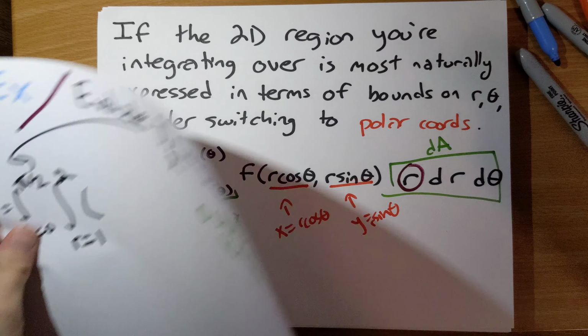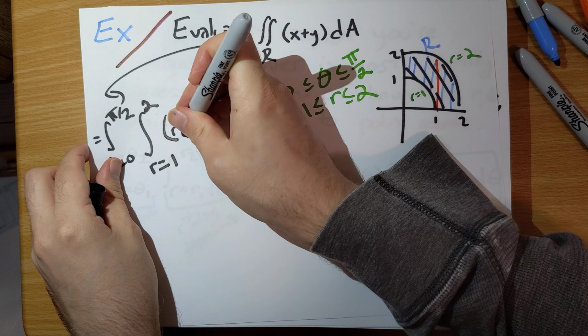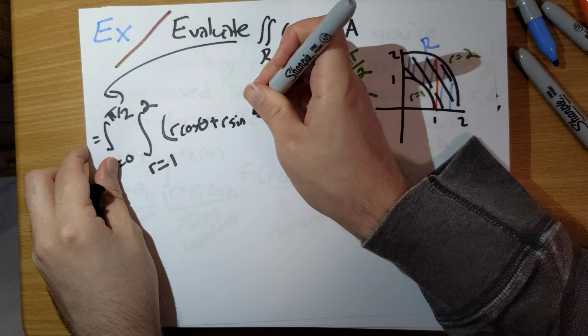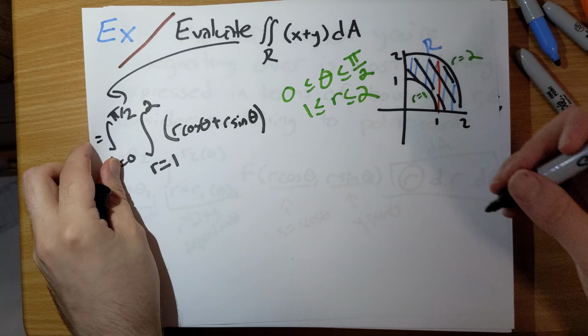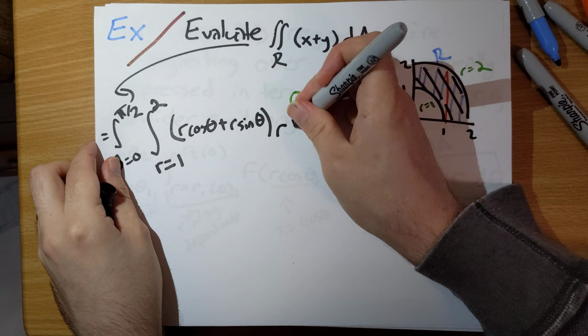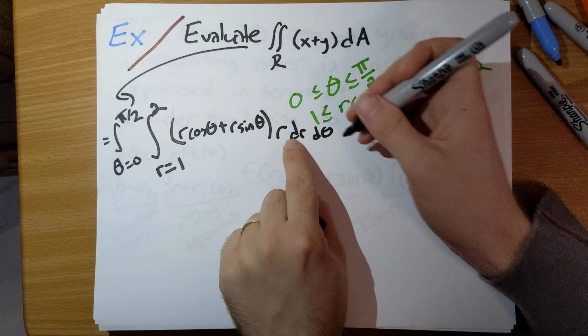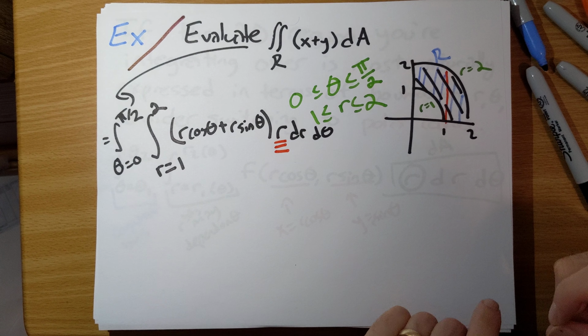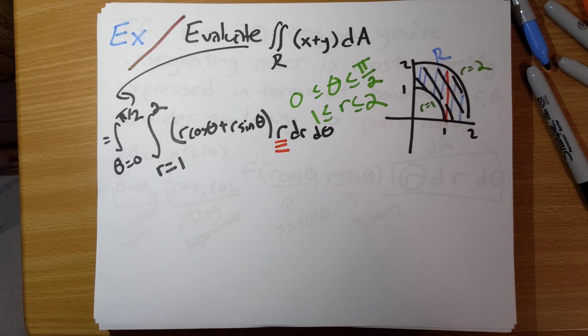Everywhere we see x, we replace it with r cosine theta, and we replace y with r sine theta, and then r dr d theta. Don't forget to throw in that extra factor of r here. And now this is going to be a relatively straightforward integral to evaluate.